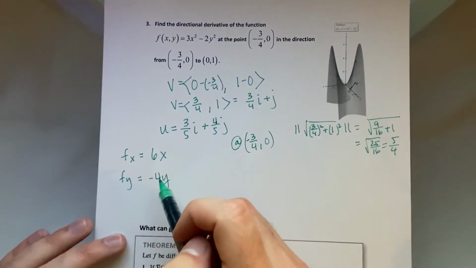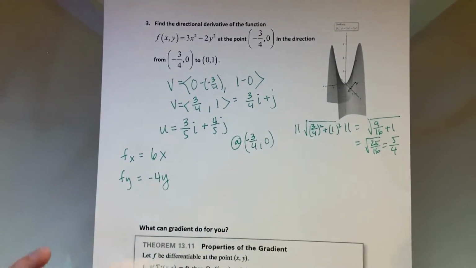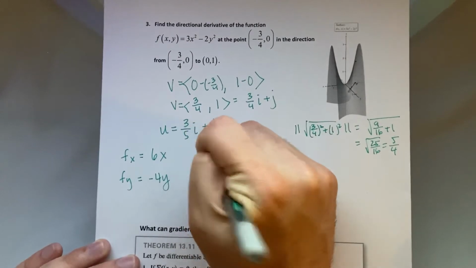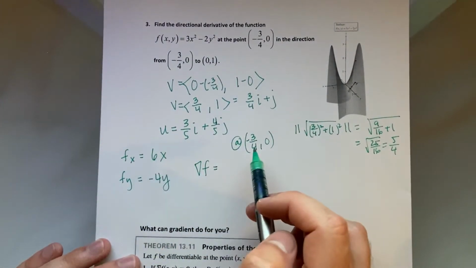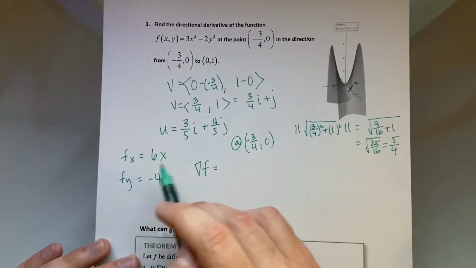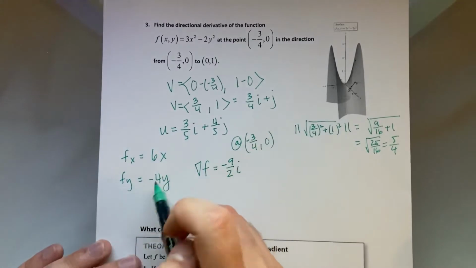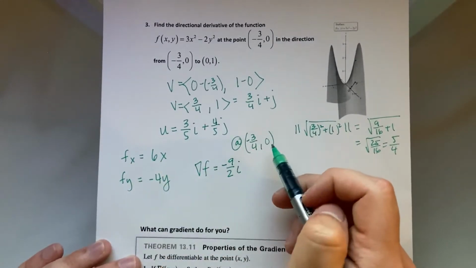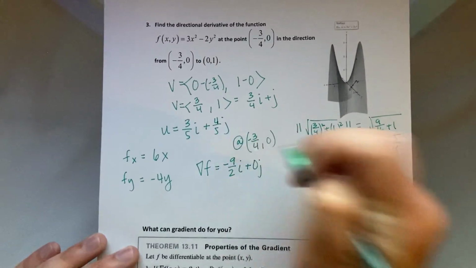So I can plug those in to get my gradient at that point. 6 times negative 3/4 would be negative 18/4 or negative 9/2 i. Negative 4 times 0 is 0, so there is no j, but we'll write it in there just in case so we understand what's happening.